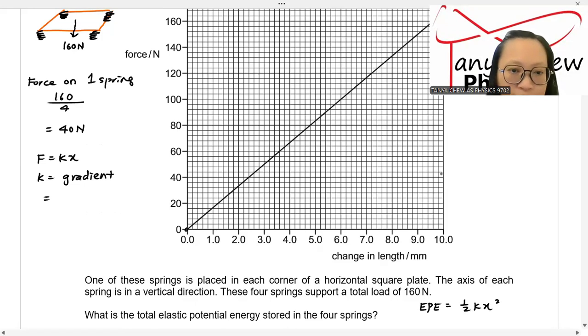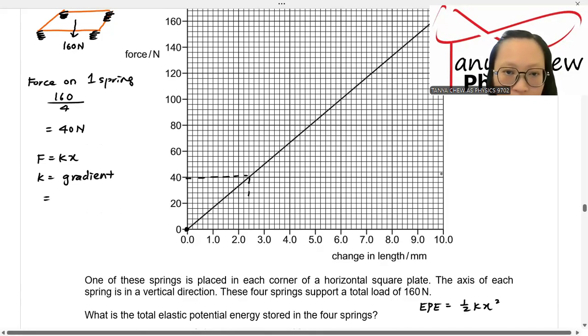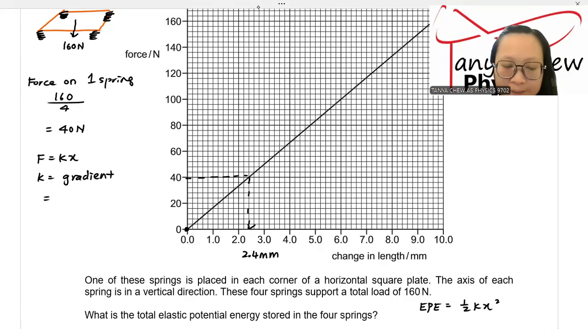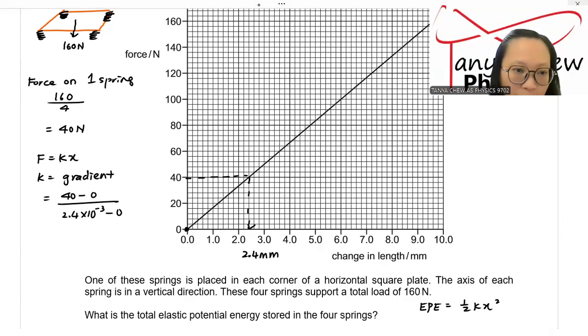I take two points, 0, 0, and 40 Newton, with the extension here being 2.4 mm. Remember, this is mm. To find the energy, you have to convert mm to meter. So 40 minus 0 over 2.4 times 10 to the power of negative 3 minus 0. So my k value is 1.67 times 10 to the power of 4 Newton per meter.